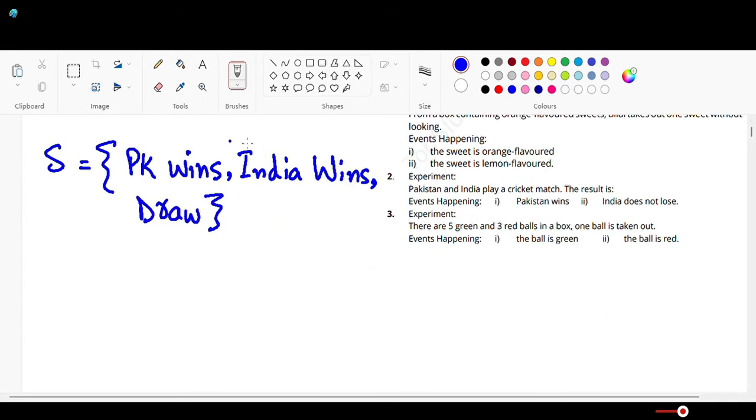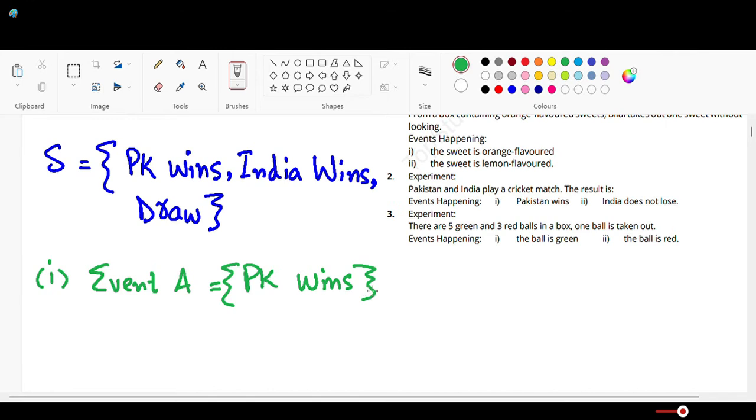And what is the first event? The first event, I'm going to name it event A, is that Pakistan wins. How do we find the probability?